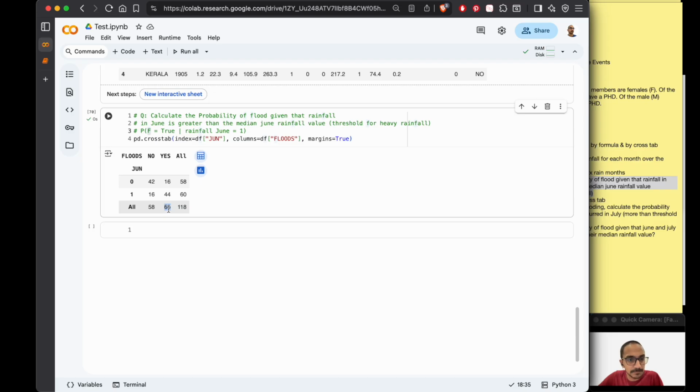Overall rain is 118, so that is all the counts of less than the median on June, plus greater than median on June, so total rain.